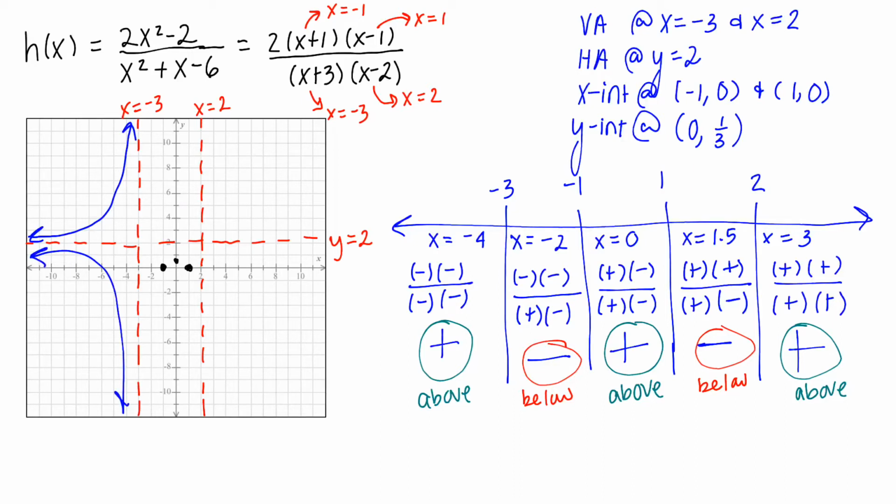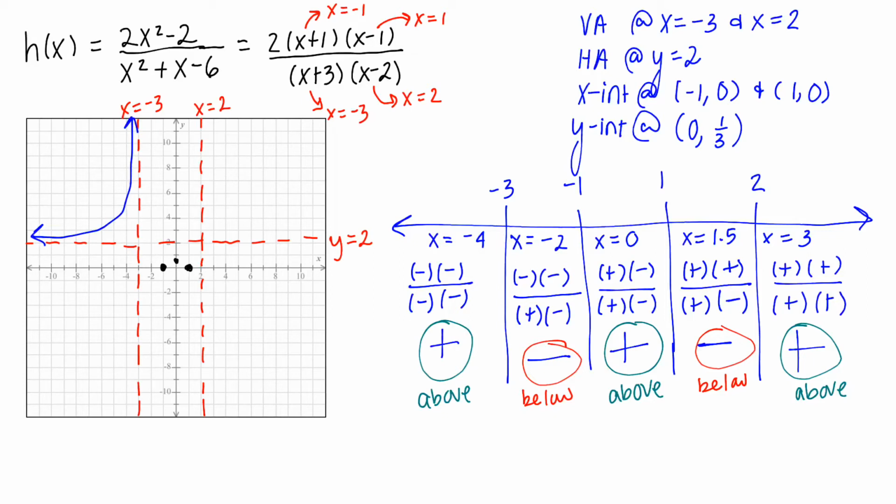Those are the two choices. Either way, it has to hug the horizontal asymptote and the vertical asymptote. So if we're above the x-axis, between these two choices, this is the one that's above. So we will draw in there.